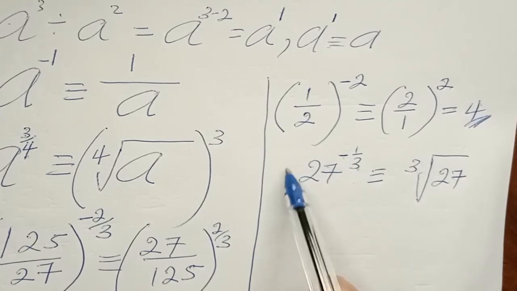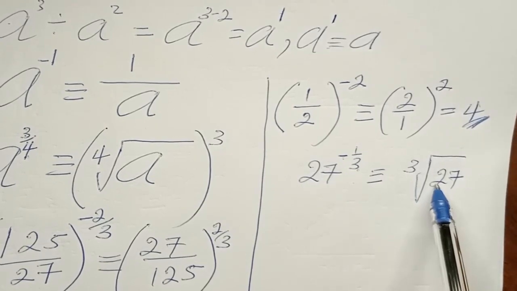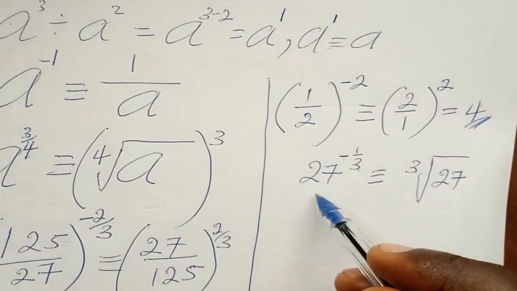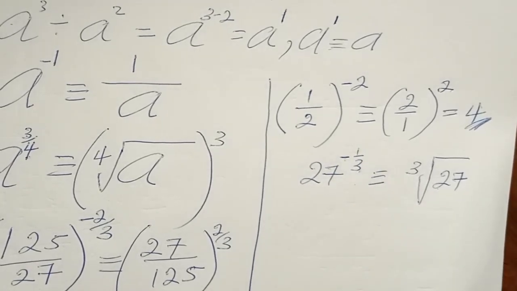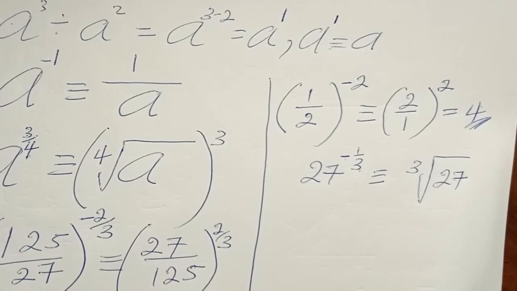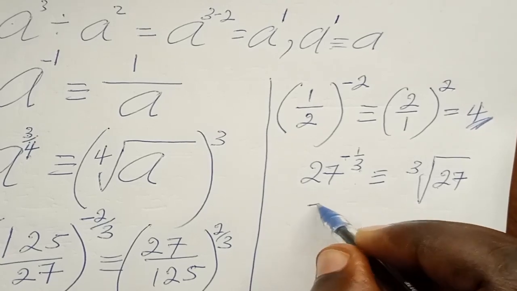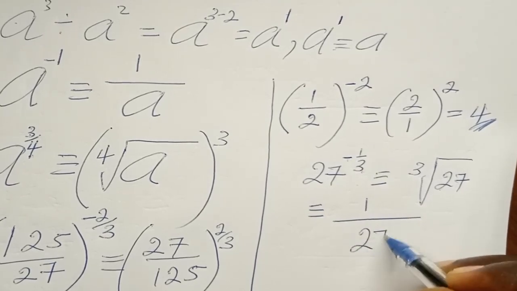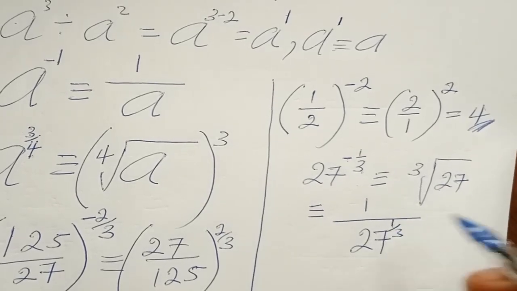This is a single base with a negative fractional power, and when you have cases like this, you first of all need to change the negative sign to a positive sign, which means it is the same as 1 over 27 to the power 1/3. That is, the negative sign has been removed.